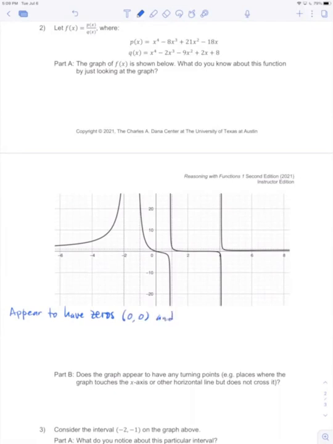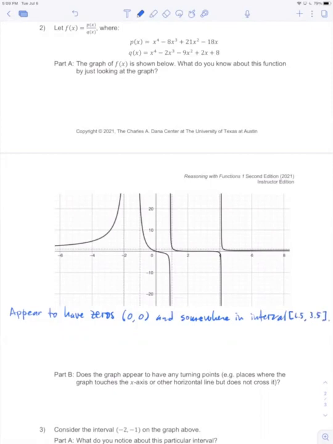And, well, somewhere between, I don't know, 1.5 to 3.5. We said 1.5, so I'll put 1.5 to 3.5. There we go.